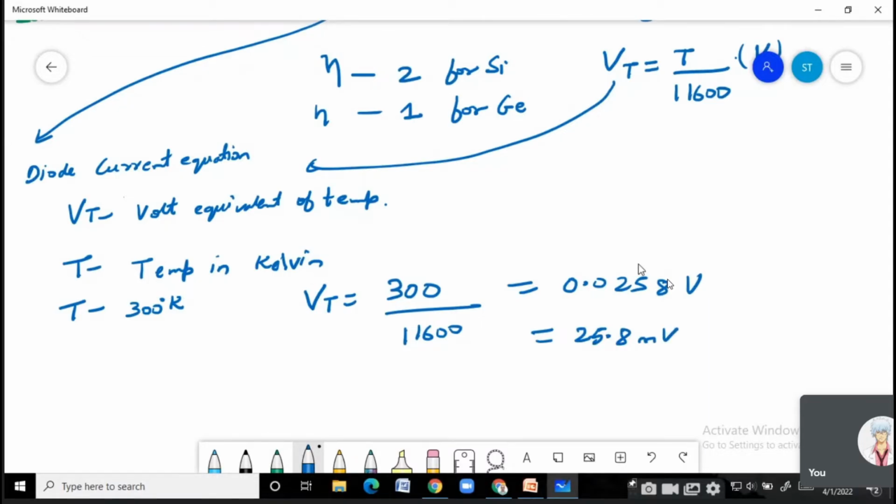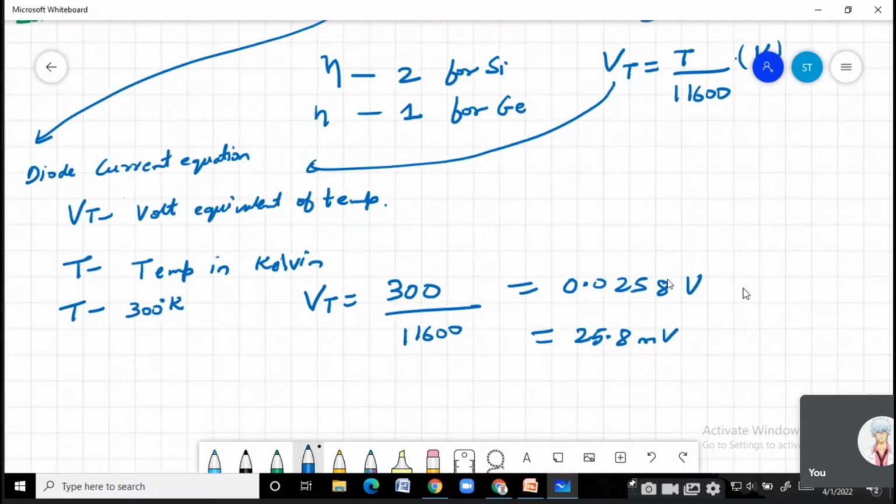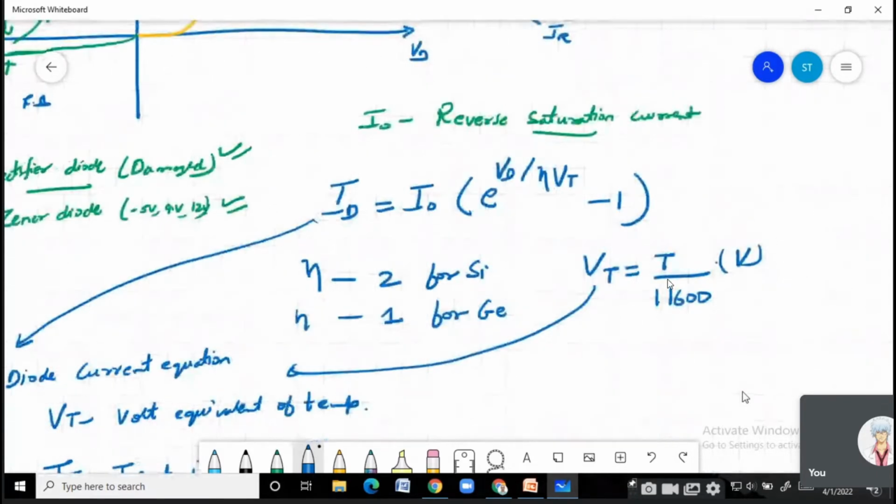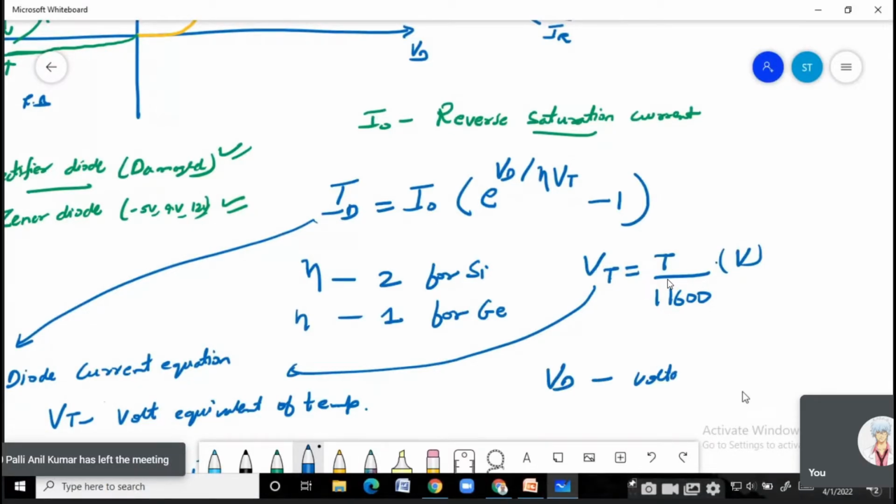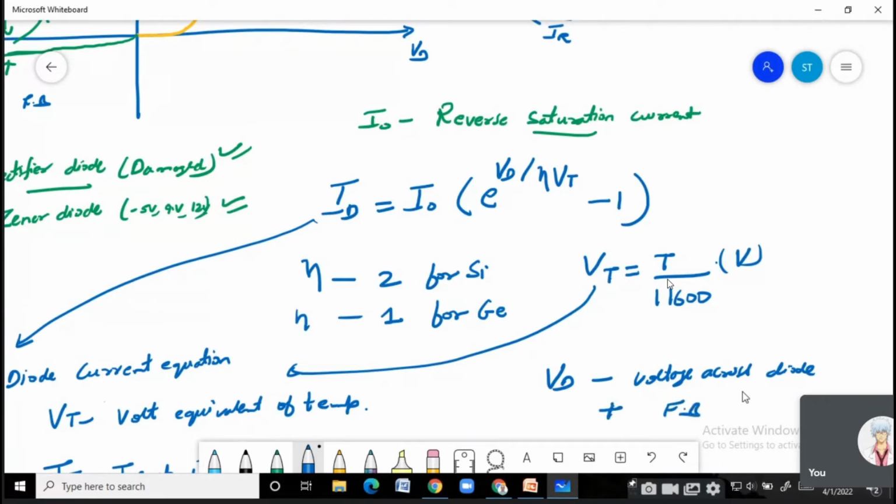The third term here is VD. As you know, VD is the voltage across the diode. It is positive when the diode is forward biased.